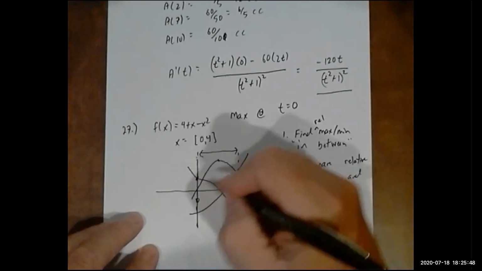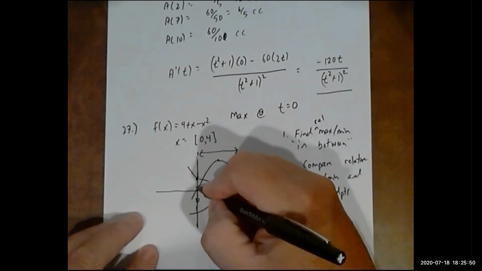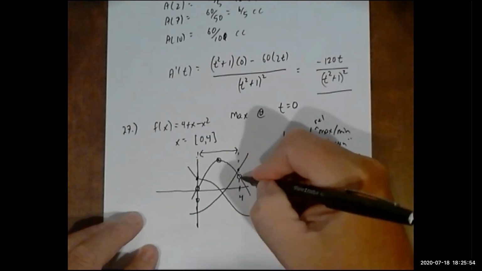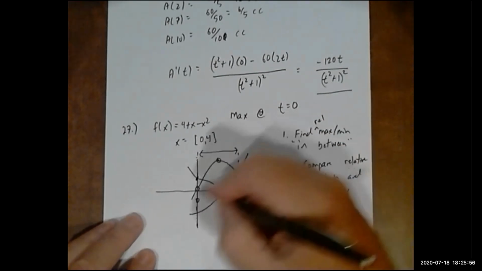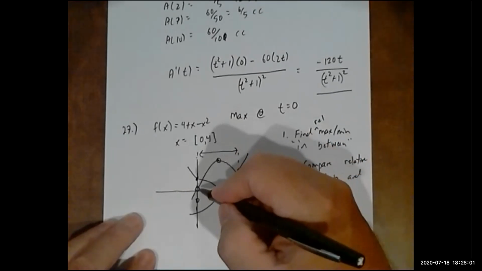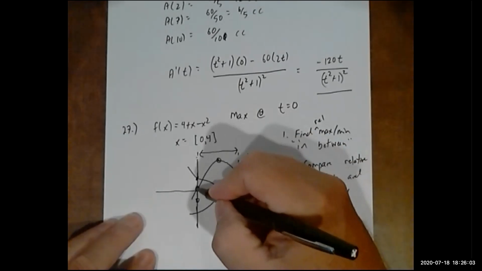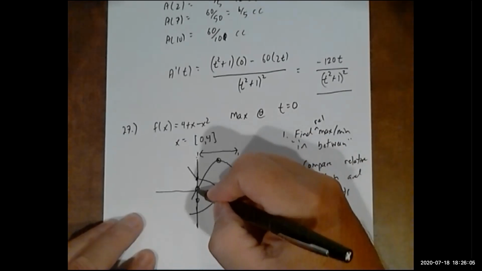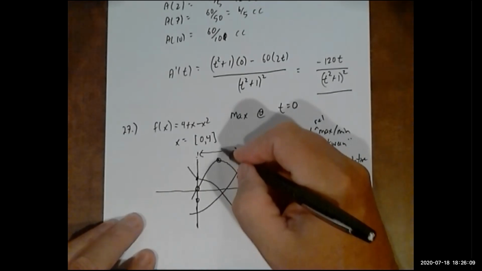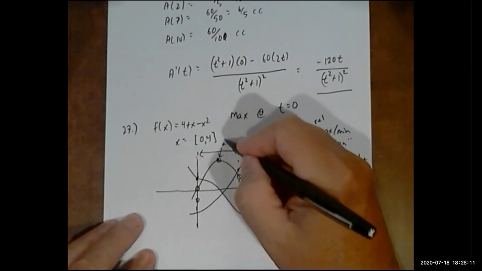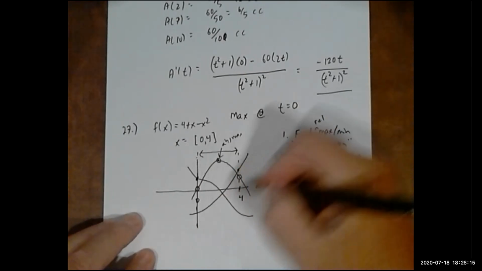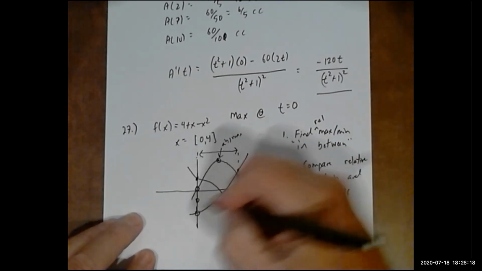So in other words, if this is our graph, you compare this point and this point. You compare the value of the function, and you see which one's the largest. And the largest one is the absolute. So if I had this graph, and I compared the value of the function here, and here, and here, obviously this is the highest. That's going to be the absolute max. But what if I had this function here? I'm going to compare this point.